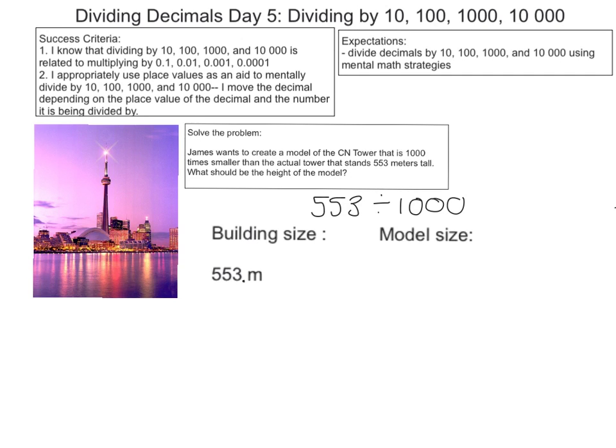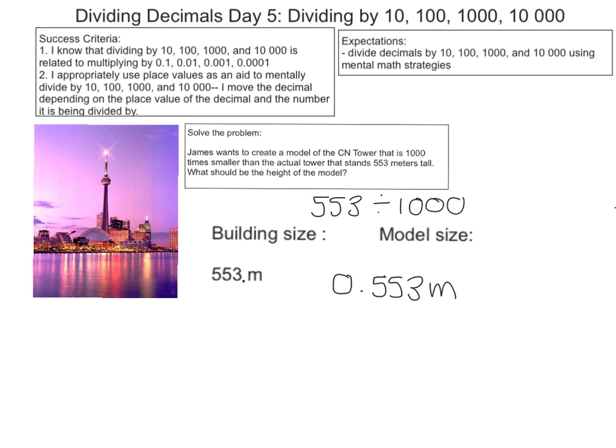So with 553, if we're moving our decimal 3 times to the left, we move this decimal 1, 2, and 3. So our decimal should be right in front of the first 5. So 0.553 meters is our answer.